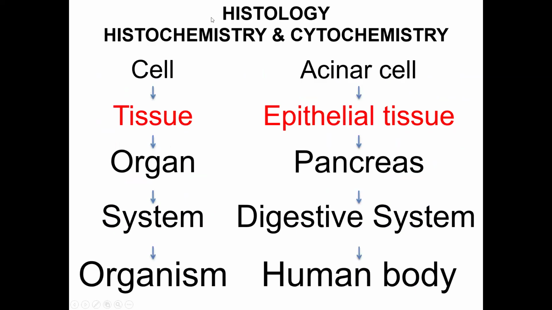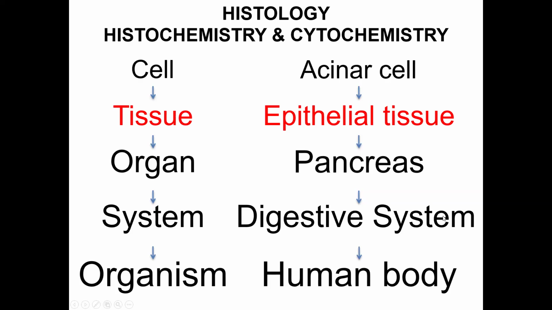The name histology implies that it focuses on tissues. Histo means tissue in Greek, I think. So the focus is on tissues such as the epithelial tissue, but the tissues are made of cells and the intercellular matrix, like the acinar cells, for example. If we focus on the pancreas, the tissues are part of organs, the organs are part of systems, and the pancreas is part of the digestive system.